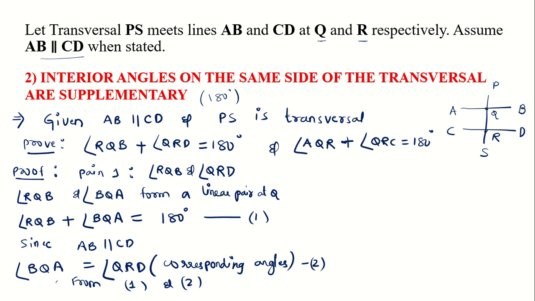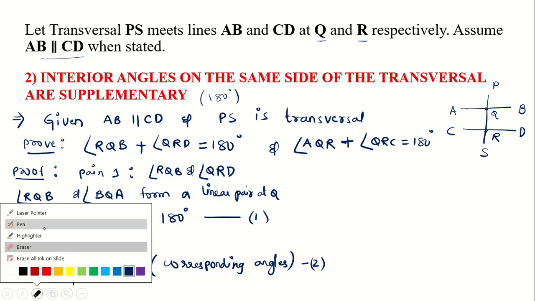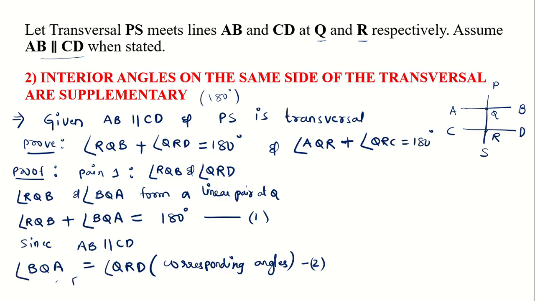Now you need to substitute equation 2 in equation 1. What you'll get? The rewritten equation here will be angle RQB plus, what is your angle BQA? It is angle QRD, which is equal to 180 degrees, right?